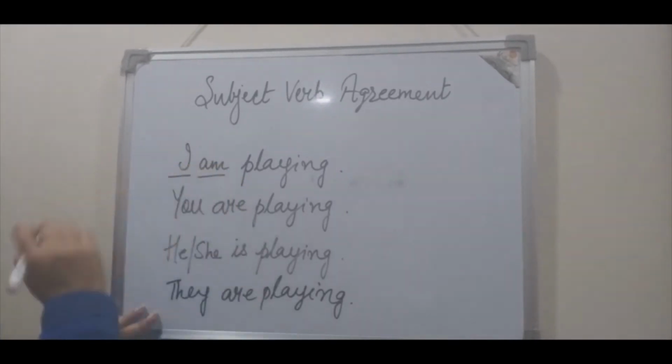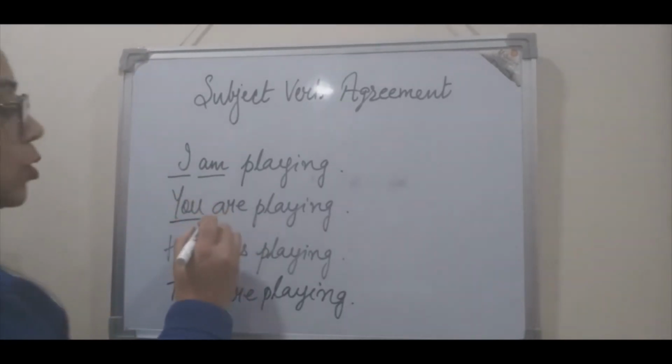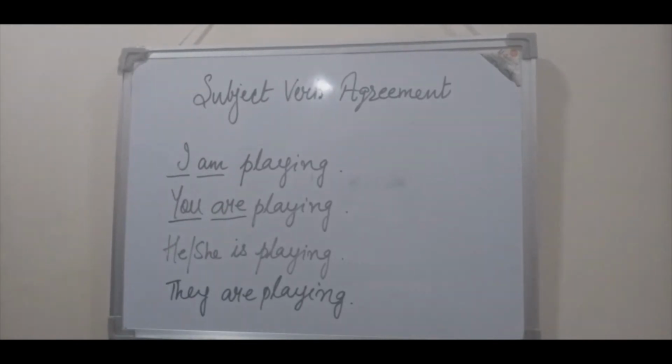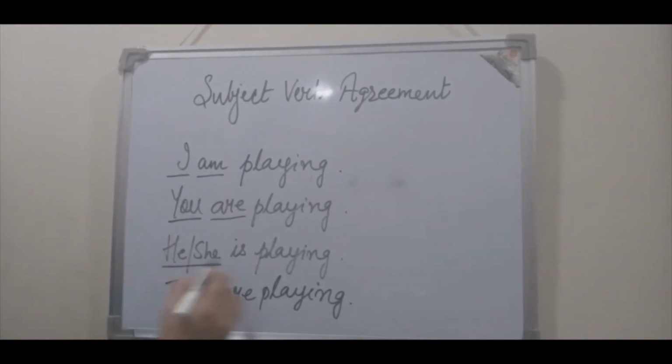I am playing, right? Then second person, you are playing. We are not saying you am playing or you is playing. Fine. Then third person singular number, he or she is playing. We are not using he are playing or she are playing. That would be wrong. Why?